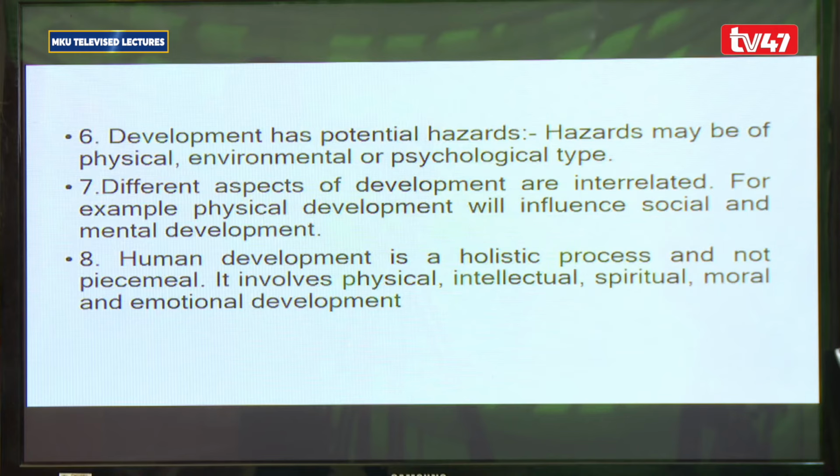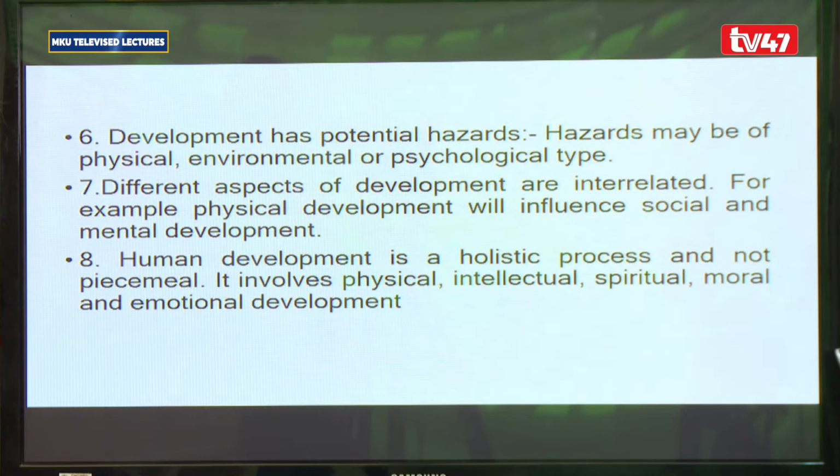Some interaction with the environment can cause developmental hazards. For example, before a baby is born, if the expectant mother exposes herself to drugs, they interfere with the growth and development of that unborn child. And that is basically an environmental hazard.